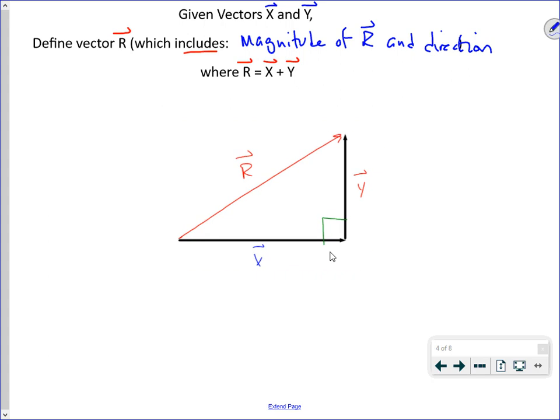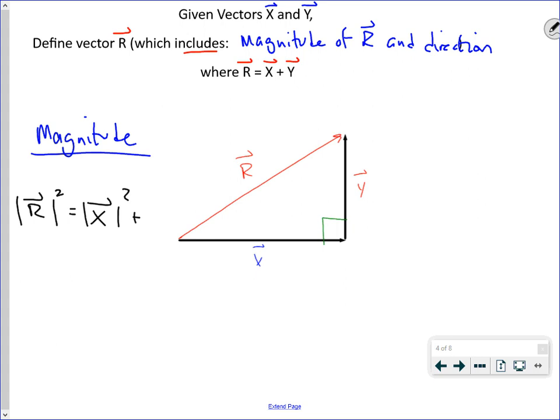Well, the magnitude of r, the length of r, well, this is a right triangle we've made out of these vectors. So we can say that the magnitude, absolute value of r squared, is the magnitude of x squared plus the magnitude of y squared.